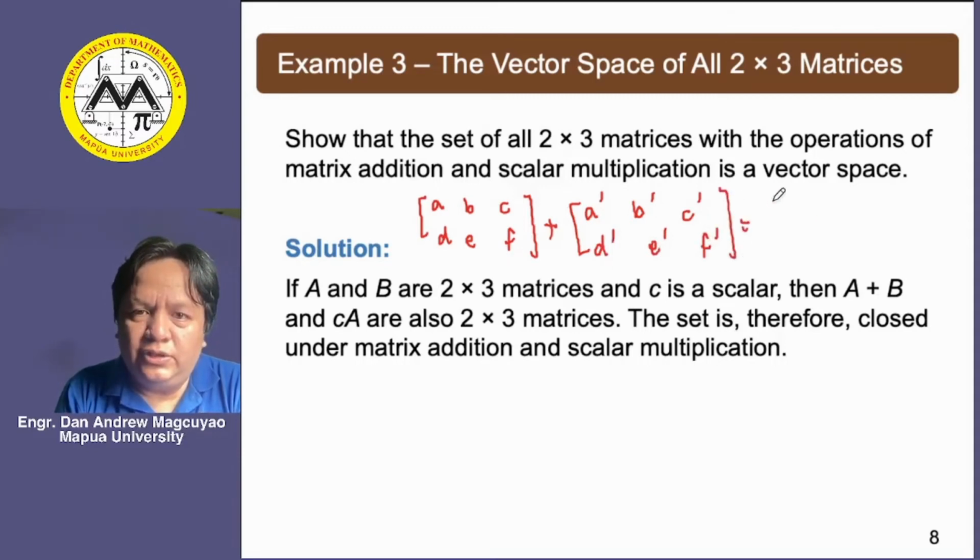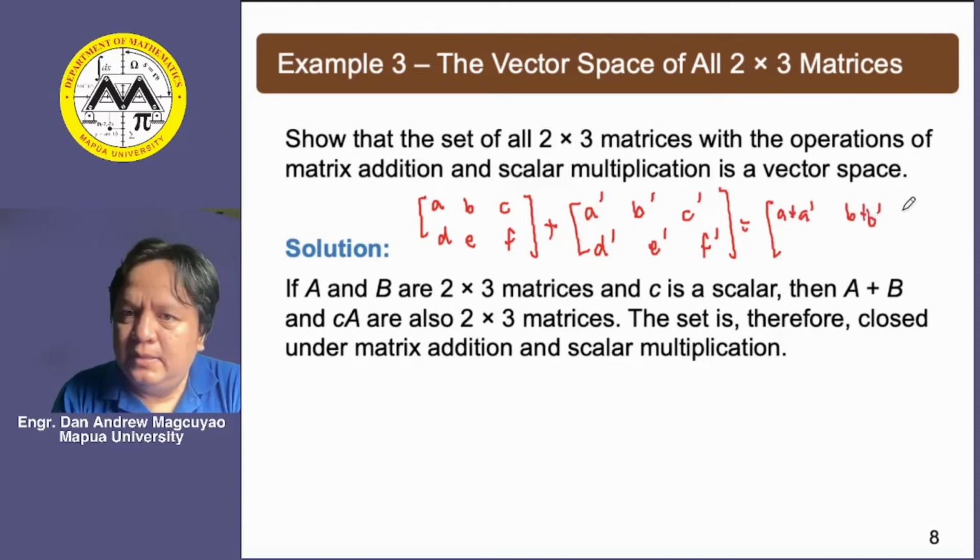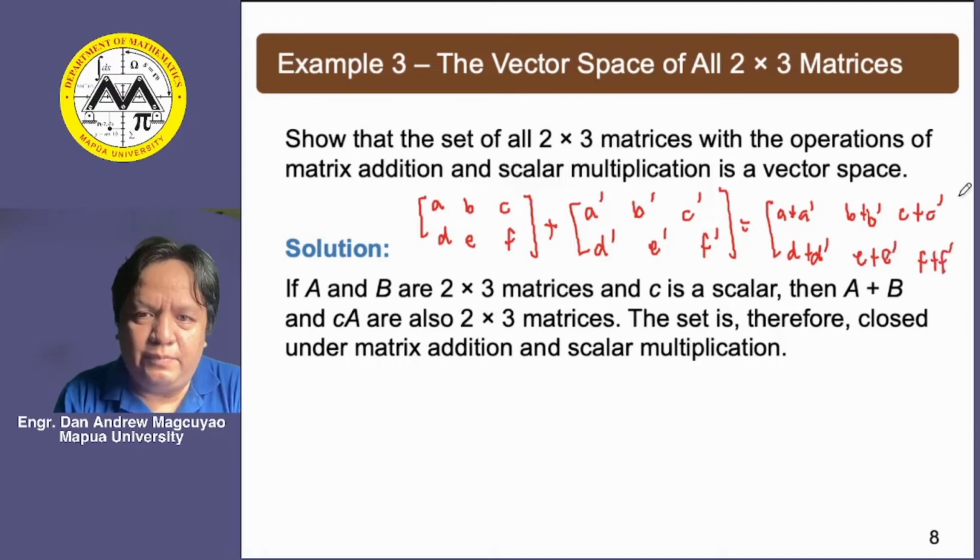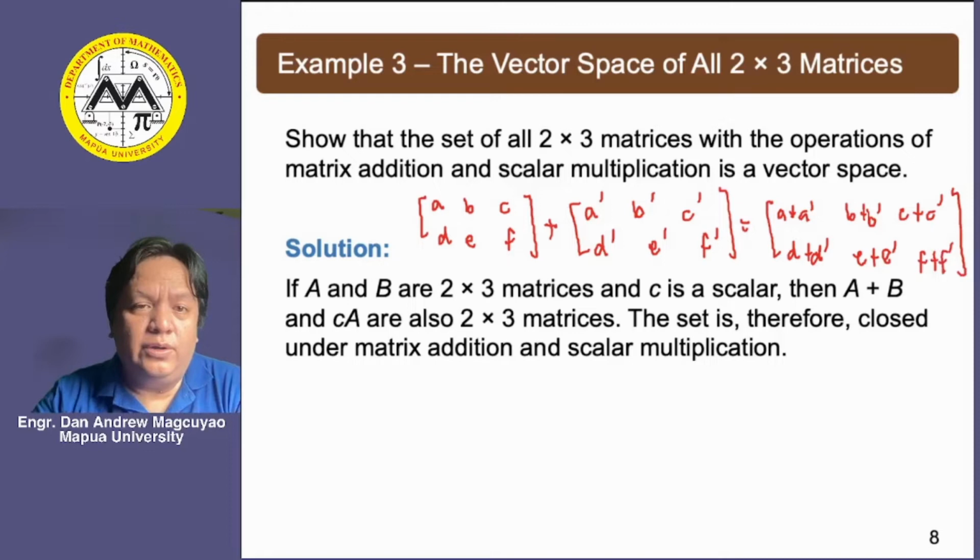So the result is still a 2 by 3 matrix: A plus A prime, B plus B prime, C plus C prime, D plus D prime, E plus E prime, and F plus F prime. So if we apply vector addition, the result is still a 2 by 3 matrix.